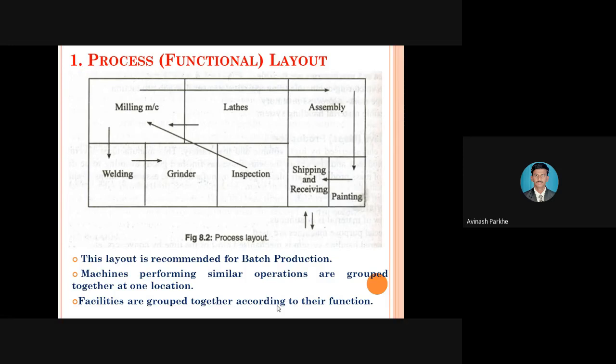So that particular concept or layout that I am utilizing is called a process layout. You can see in this figure, the machines performing similar operations are grouped together at one location only. Those machines performing similar types of operations are at one point.